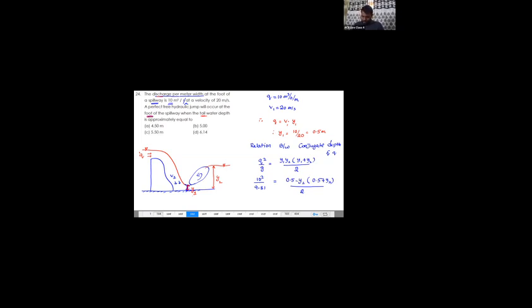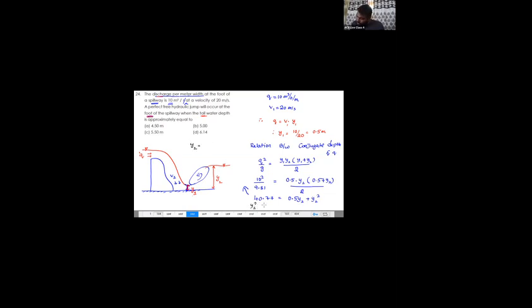So 10 squared by 9.81 into 4, and taking the 0.5 squared also to that side, 40.77 equals 0.5 y2 plus y2 squared. Now from this I can write the equation for y2.